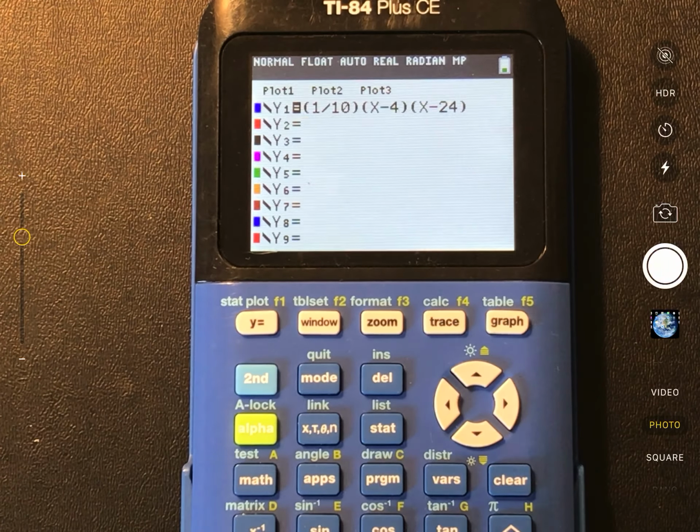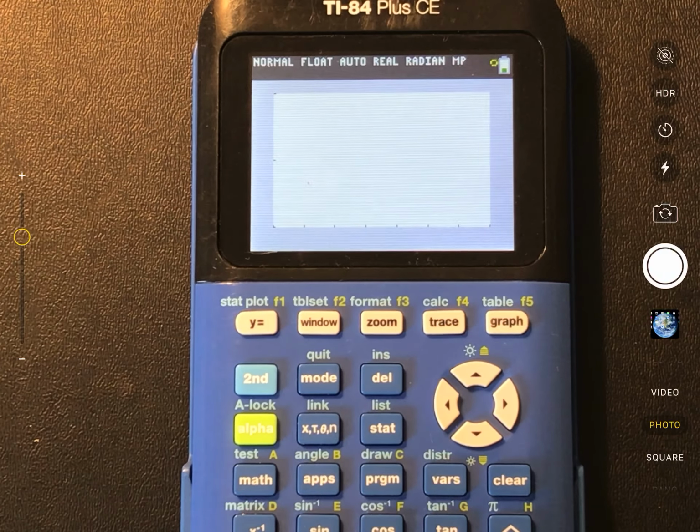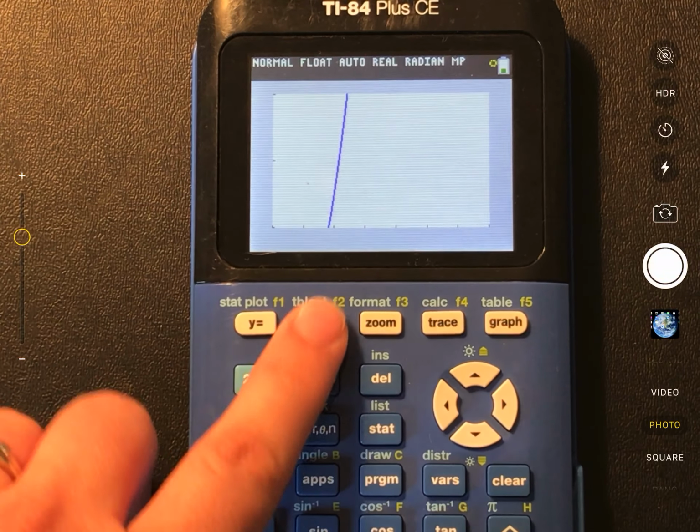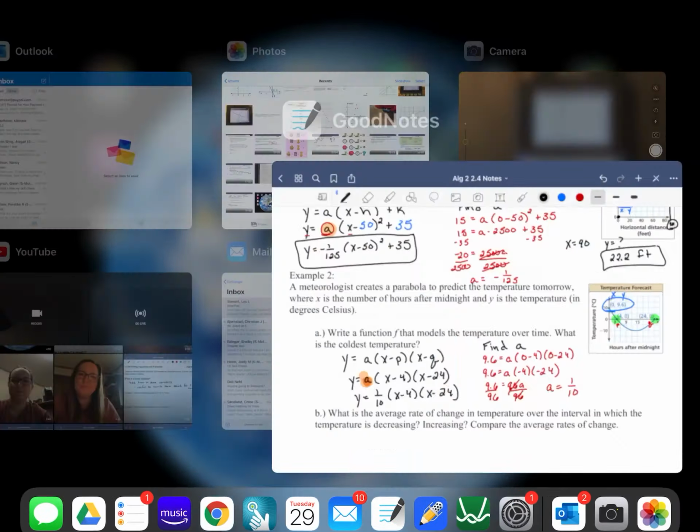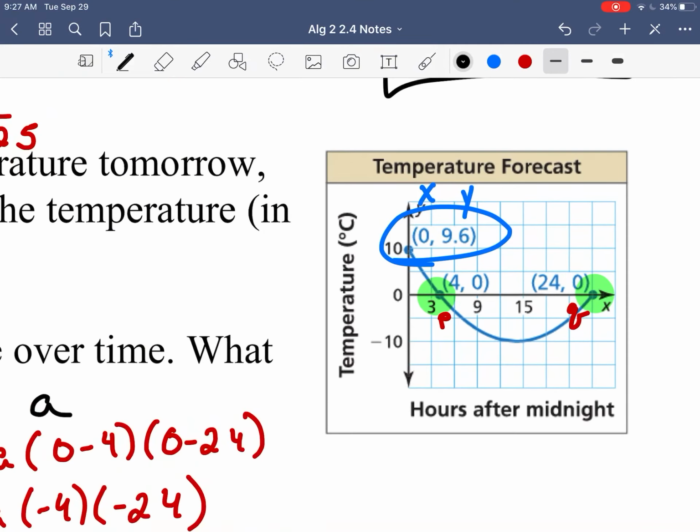And then we look at the graph. Oh, my window's really funny. So let's go back and look at our graph here and see what would be a good window. It looks like my x's go from 0 to about 30.